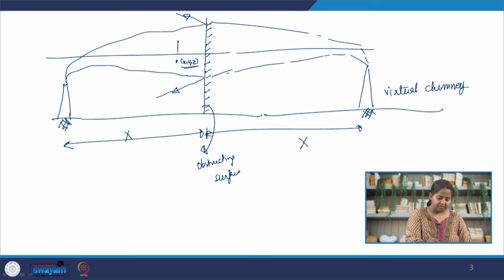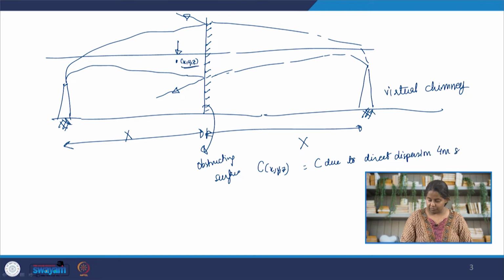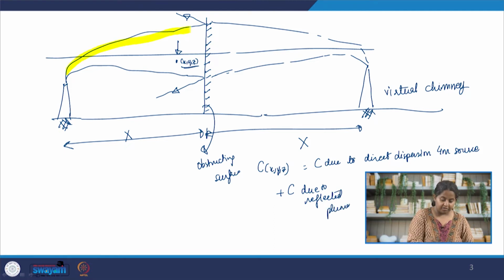So the concentration of the pollutant here at x, y, z will be a summation of the concentration due to direct emission from the source, which is the chimney, plus the concentration due to reflected smoke, that appears to come from the virtual chimney.